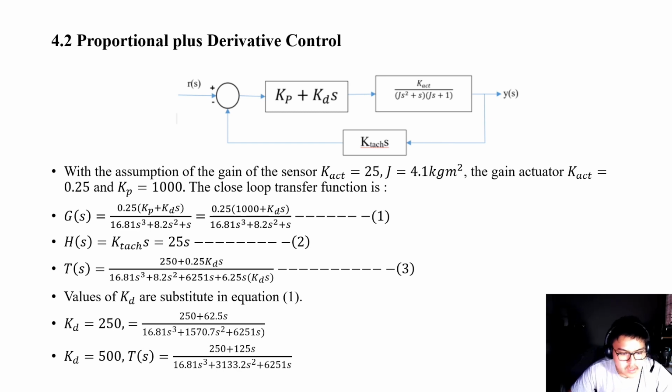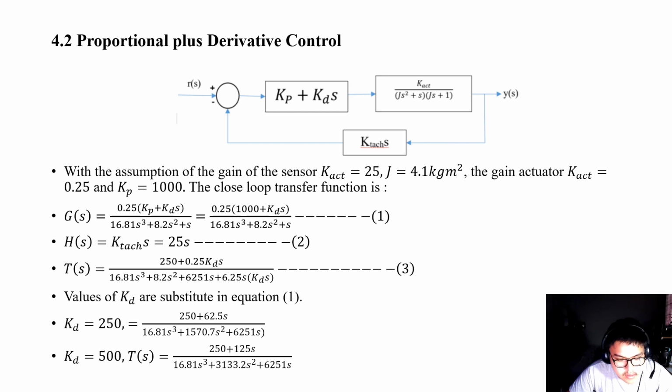For the first value, 250, T(s) equals 250 plus 62.5 s over 16.81 s^3 plus 1570.7 s^2 plus 6251 s.